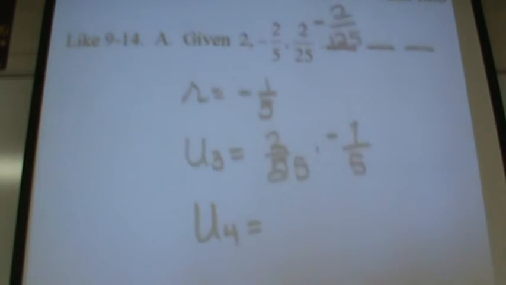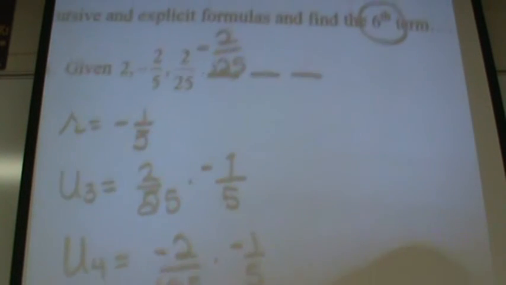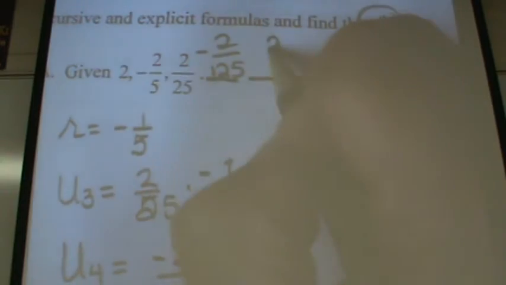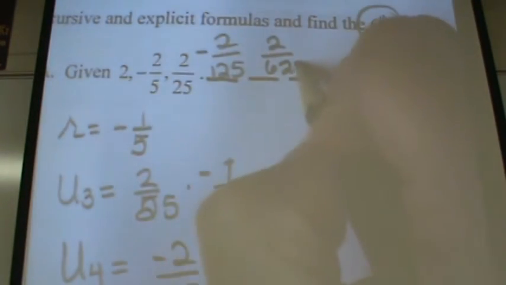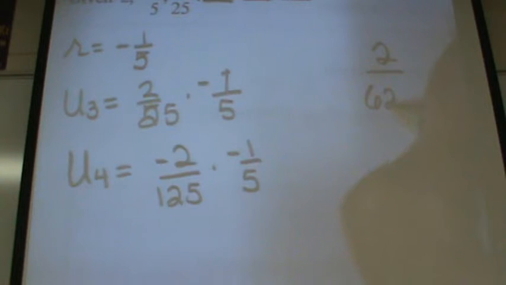You take negative 2 over 125 and multiply this by negative 1/5. What do you get? You're going to get 2 over 625. And then how do you find the 6th term? You're going to take 2 over 625 and multiply it by negative 1 over 5.